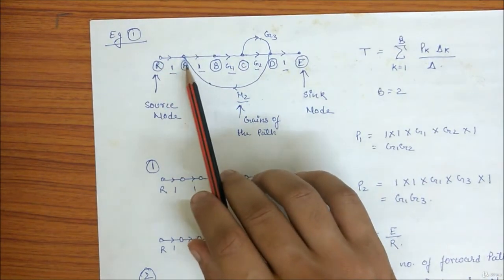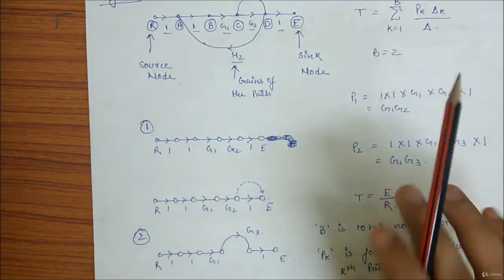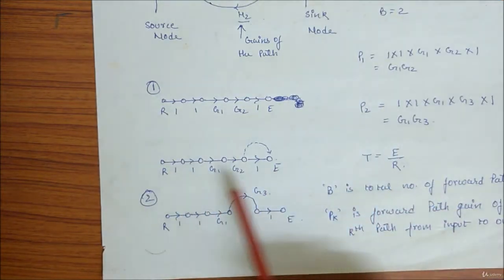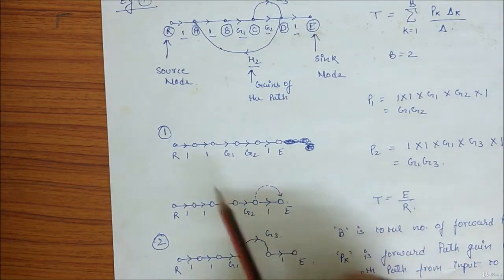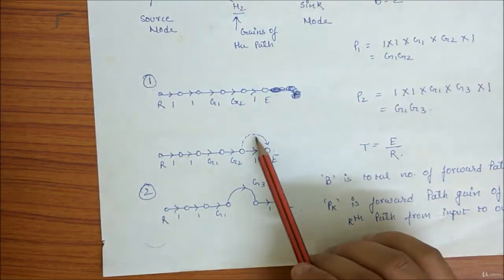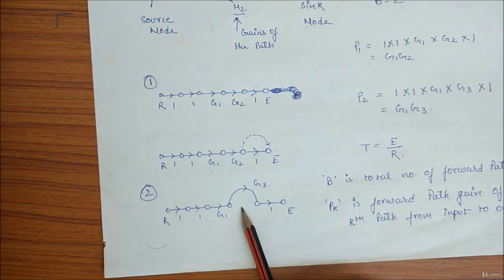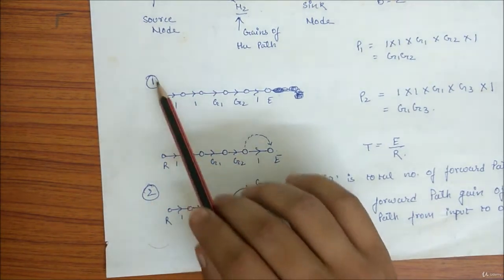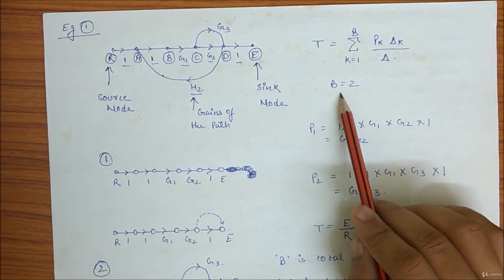This part is just to show you that there exists one more path, but I considered one at a time. So these are my two forward paths. That is why b is equal to 2.